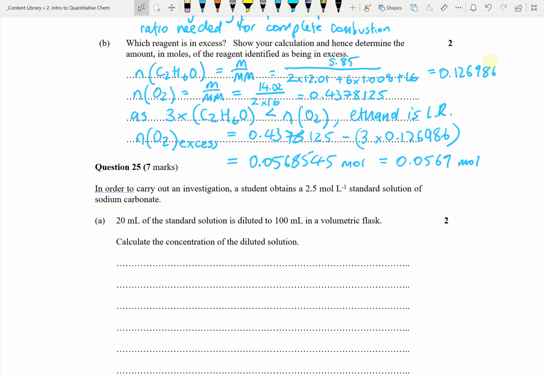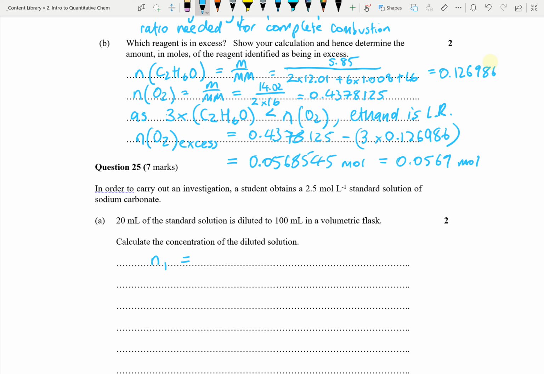Okay. In order to carry out an investigation, the student obtains 2.5 moles per litre standard solution of sodium carbonate. 20 mL of that standard solution is diluted to 100 mL in a volumetric flask. Okay, so it's a dilution. Calculate the concentration. If you don't know, this is using a dilution formula which works on the idea that the number of particles of sodium carbonate at the start and at the end of the dilution is the same.